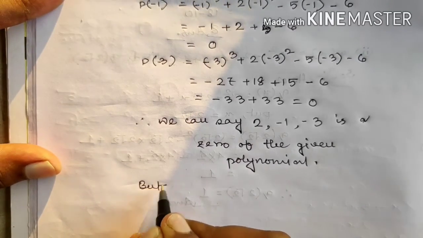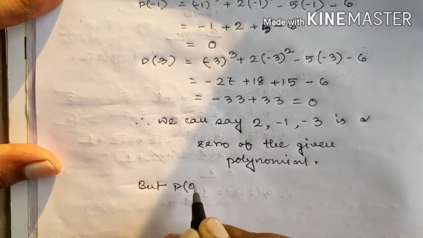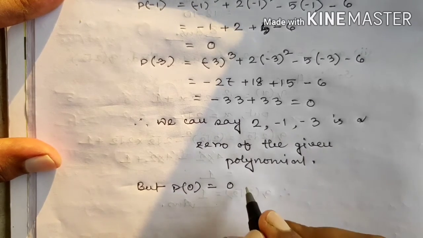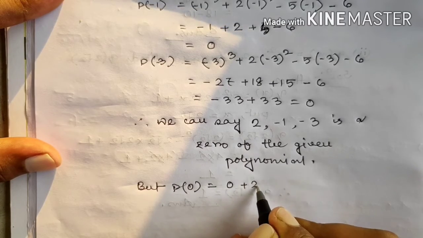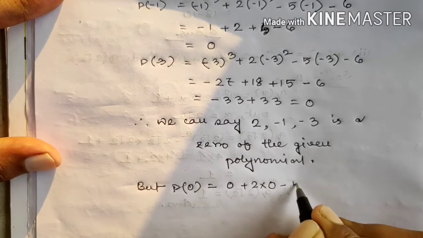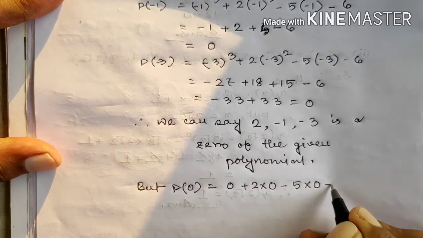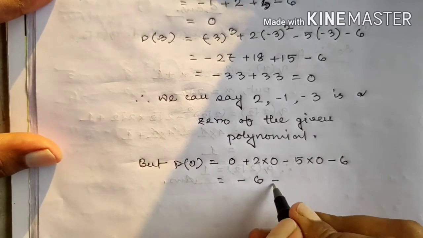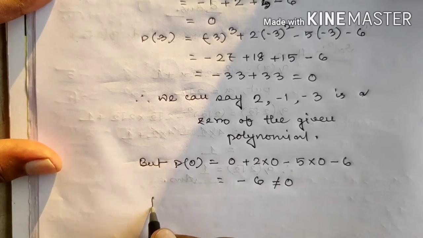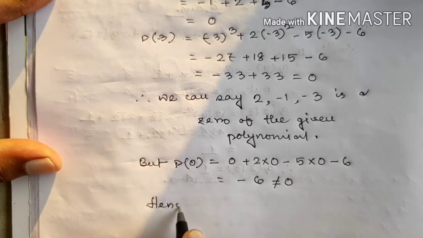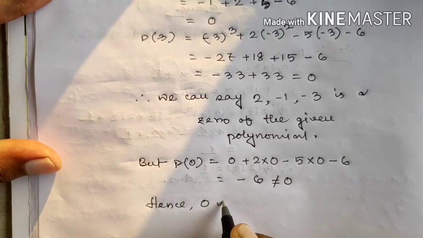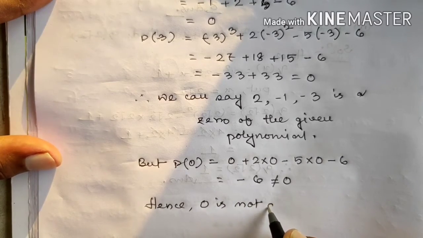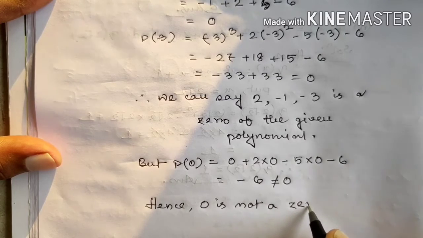For the value of 0, p of 0 equal to 0 plus 2 into 0 minus 5 into 0 minus 6, which gives minus 6, which is not equal to 0. Hence, 0 is not a zero of the given polynomial.